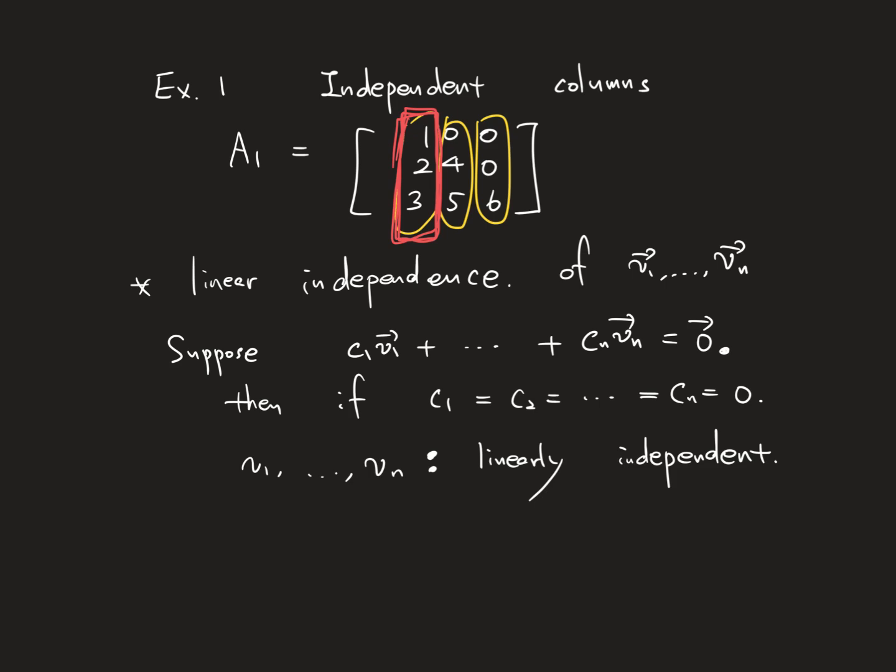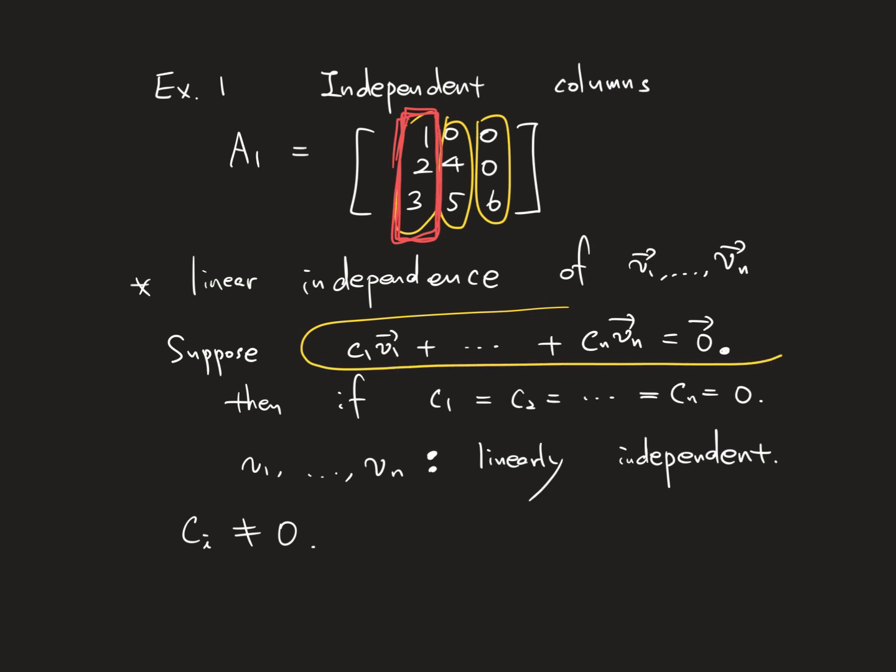Okay, so we defined linear independence as just the opposite of linear dependence, and linear dependence means that one of the vectors can be generated using the other vectors. This definition looks a little bit different, but it's very easy to understand. For example, if Ci is not 0, what we can do is send all the other vectors to the right hand side, because we assume that this is true.